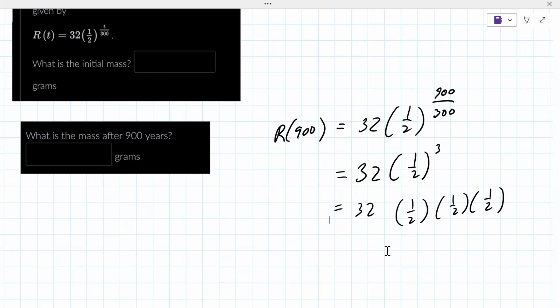You multiply the tops, multiply the bottoms. 1/8. Yeah. So it's 32 times 1/8, which is 4.